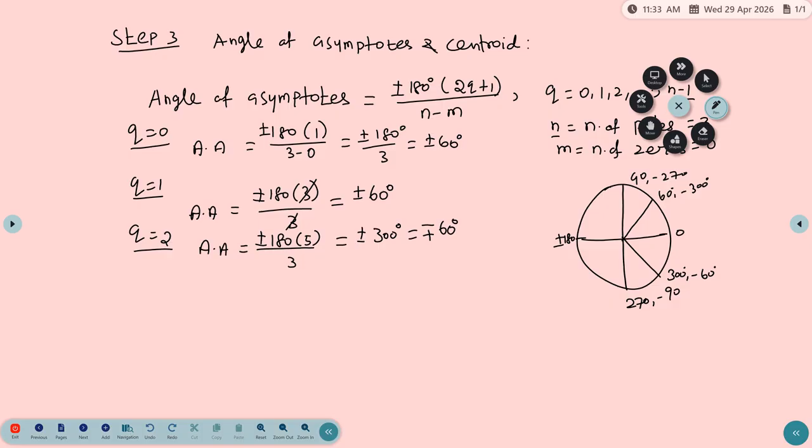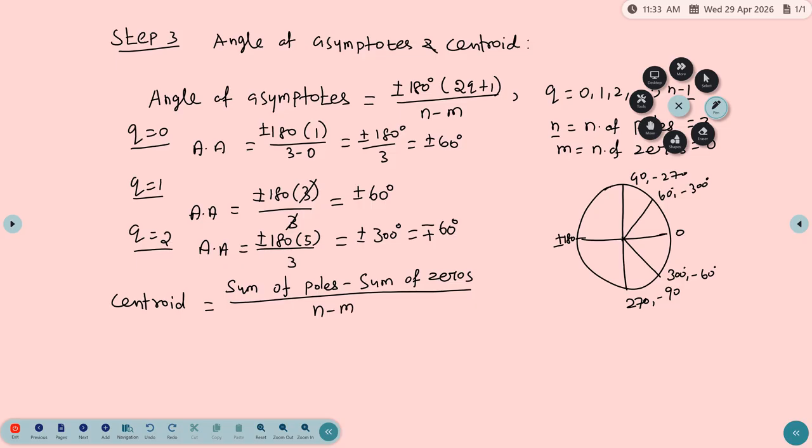So next one is the centroid. Centroid equal to sum of poles minus sum of zeros divided by n minus m.